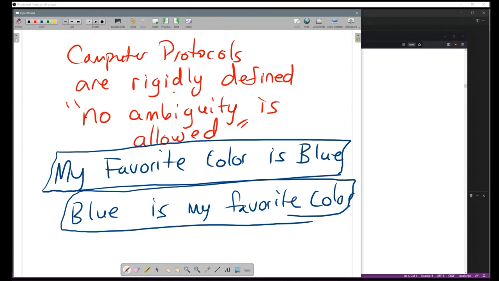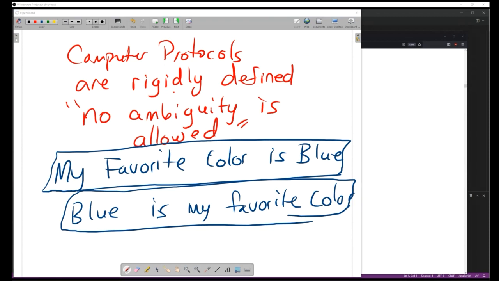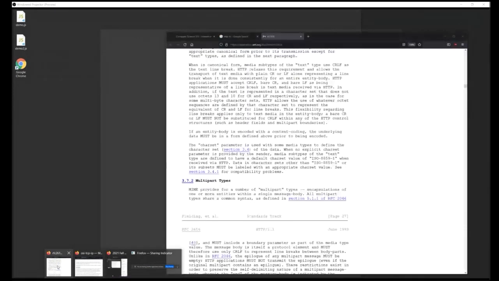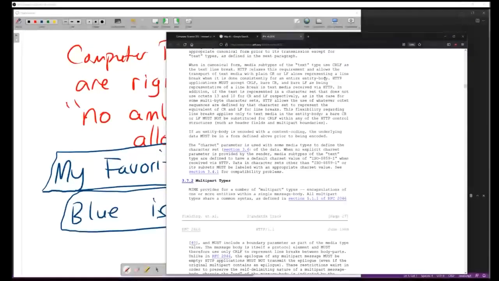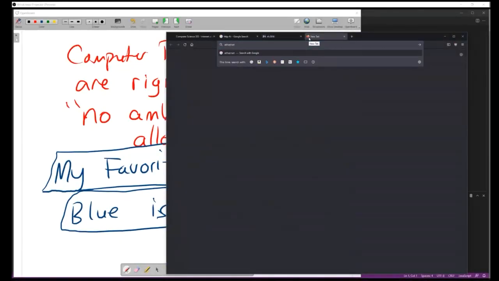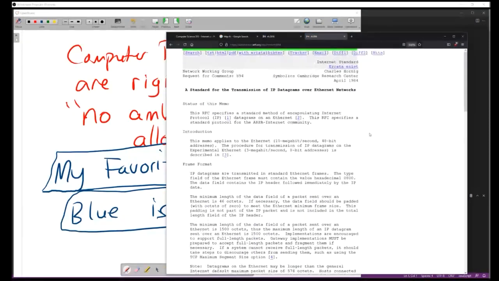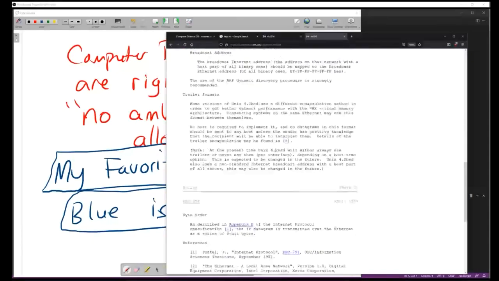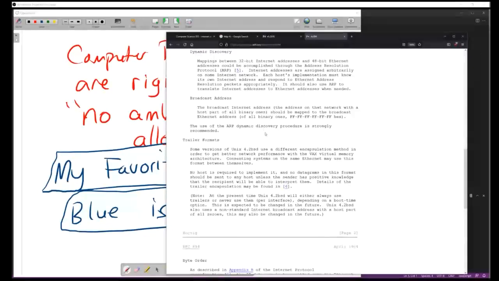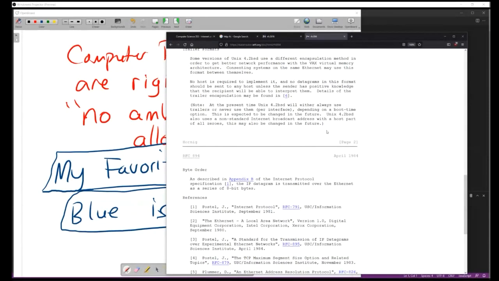There is a very strict set of rules. And any protocol that we cover in this class will have an associated RFC that dictates those rules. Even one of the early topics, like Ethernet, will have specific RFCs associated with them.